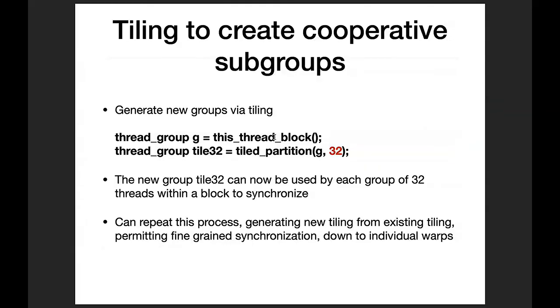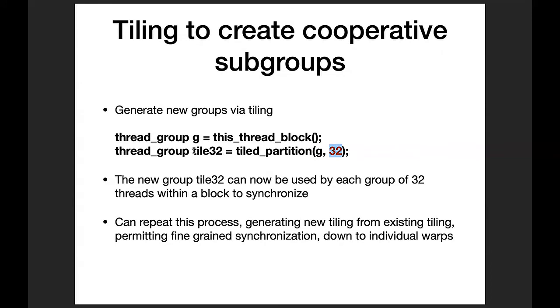So once I have created my group of threads, let's focus on a group of threads within the block, I can then subdivide this group of threads into tiles. If I create a group G, which contains all the threads in the block, and this group is created by using the thisThreadBlock method, I can then call a tiled partition method, which takes this group and subdivides it into tiles of 32 threads each.